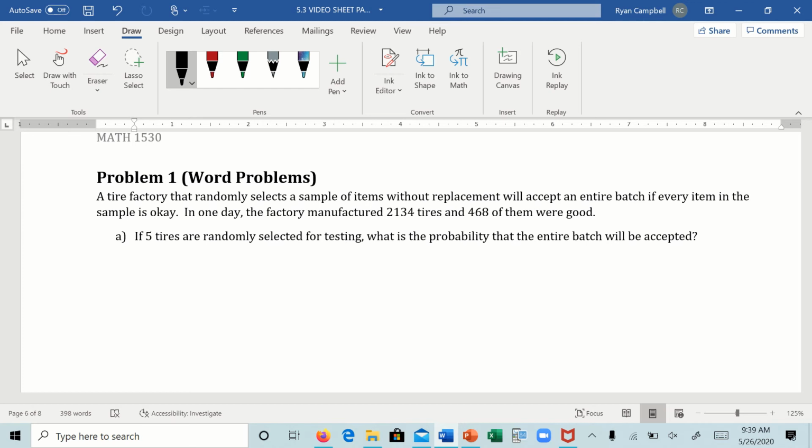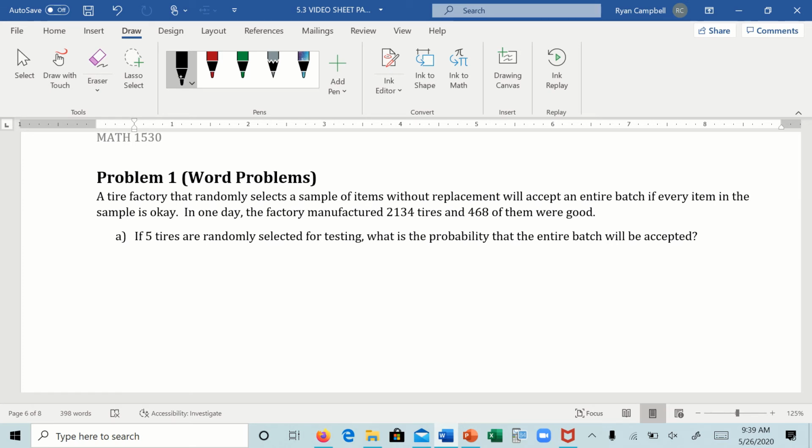Okay, so what are you trying to find the probability of? That the entire batch will be accepted. Well, when will a tire batch be accepted? Some people just give up because it's a word problem. And I'm telling you, word problems in statistics are pretty easy because they tell you all the information you need to know.